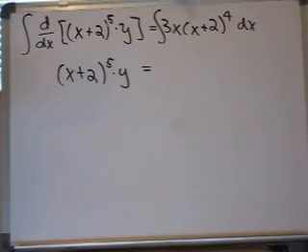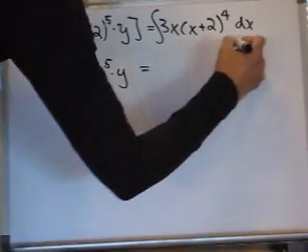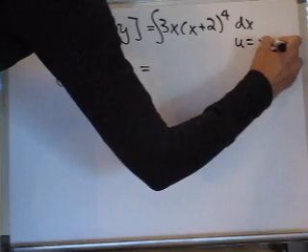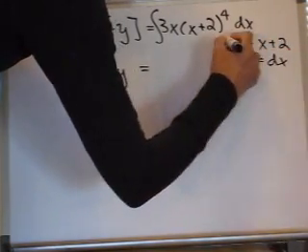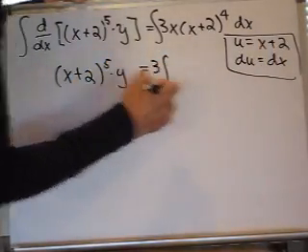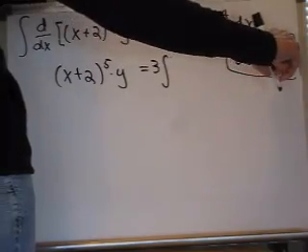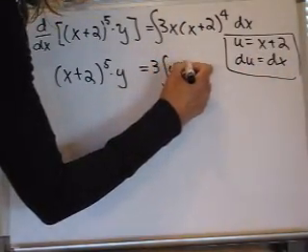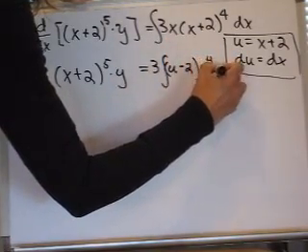So I'm going to let u equal x plus 2 to do this integral. So if u is equal to x plus 2, then du is going to equal dx. That's my substitution. And this is going to be 3 times the integral. Notice that x is actually going to equal u minus 2. So I get u minus 2 times u to the 4th power du.